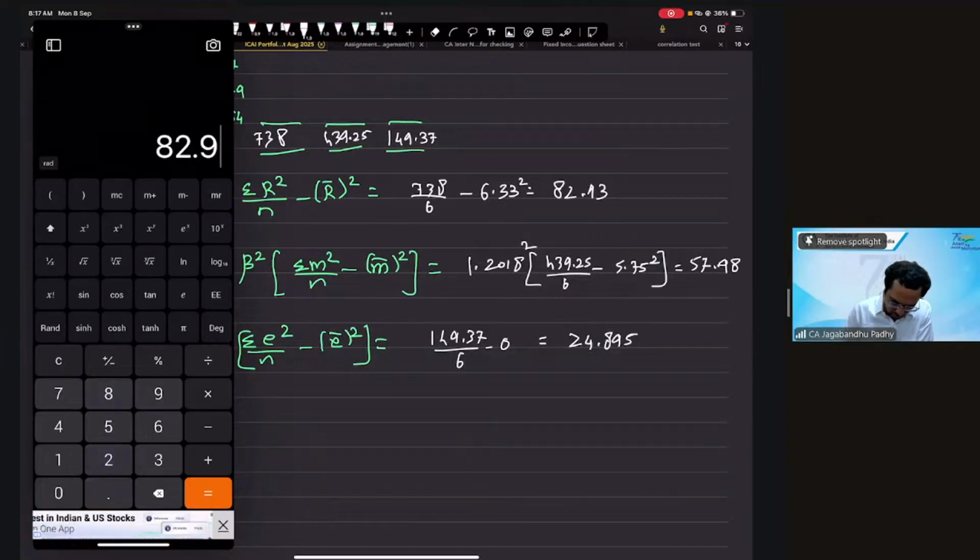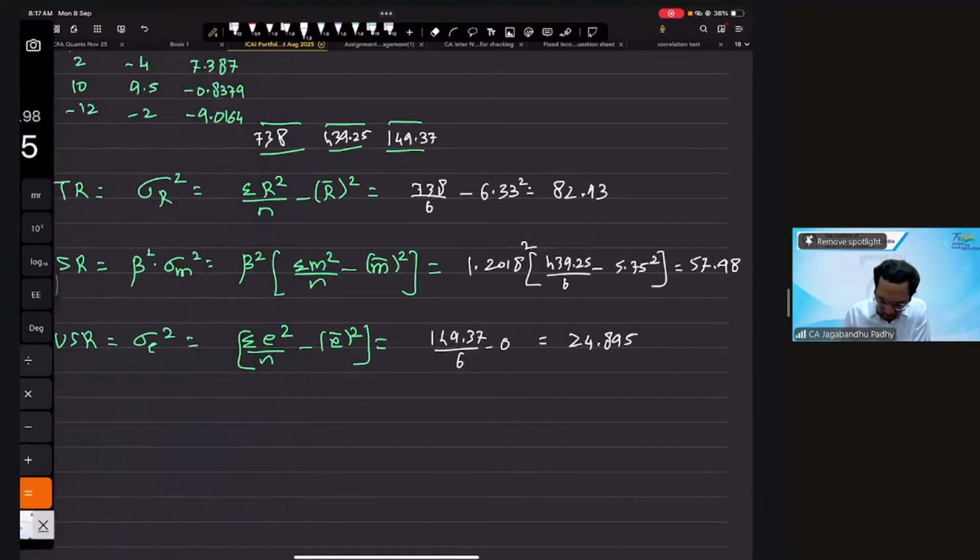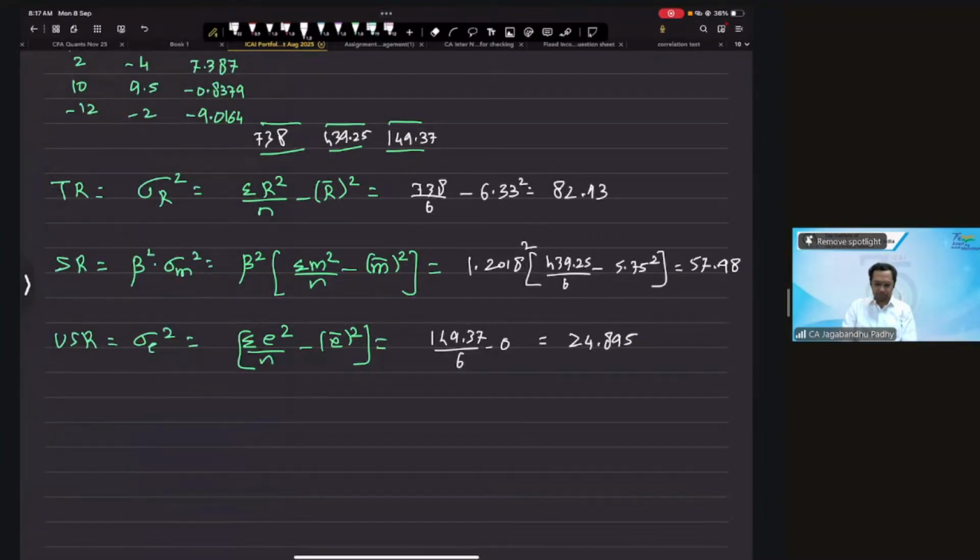So 82.93 minus 57.98 is 24.95, or roughly it is going to be the same, just rounding errors. We may have something here and there. Is it clear, everyone? Clear. So that's how you compute the systematic risk and the unsystematic risk from the given data.